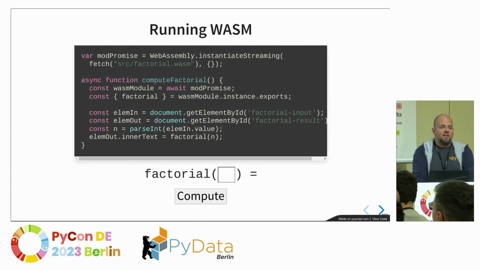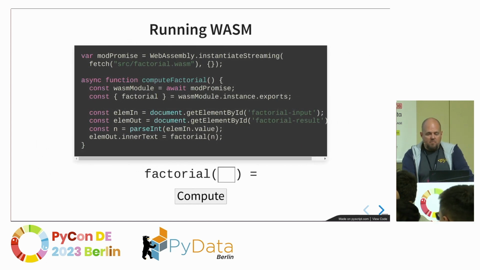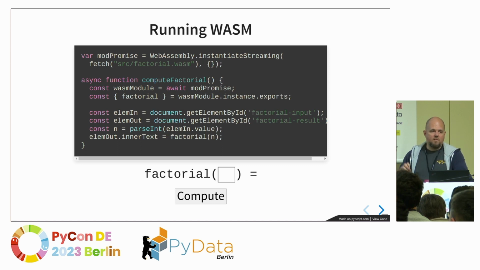Once I have a WebAssembly module, I can run it, and as I said, we can run it in different contexts. The most used context nowadays is inside browsers. We can use JavaScript to fetch and instantiate a WebAssembly module and get a reference to the functions in it.